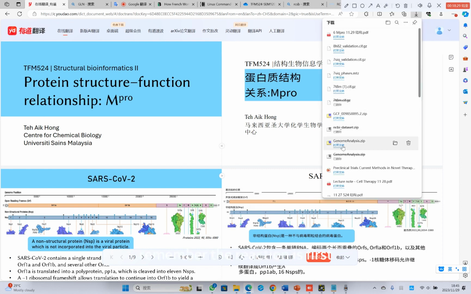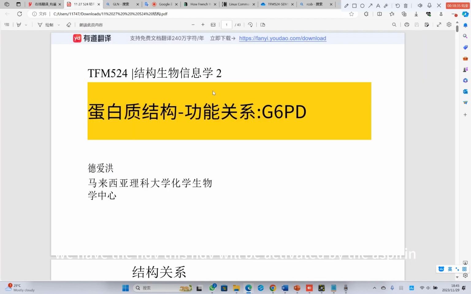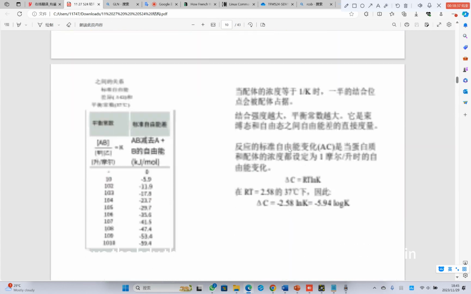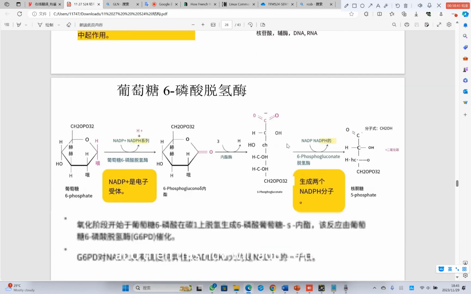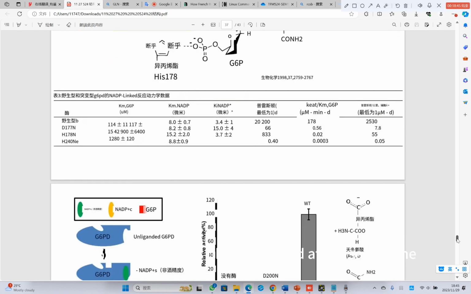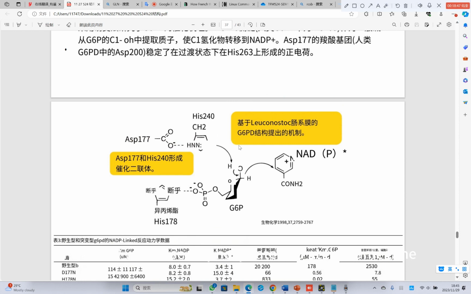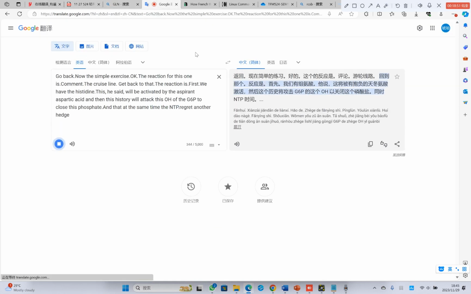Remember, the reaction is first, we have the histidine. This histidine will be activated by the aspartic acid, and then this histidine will attack this OH of the G6P, glucose 6-phosphate. And then at the same time, the NADP will grab another H from this.